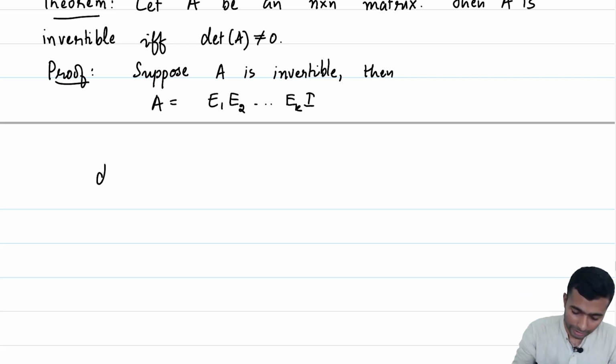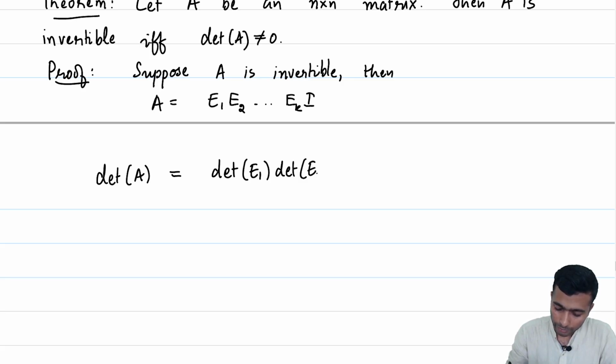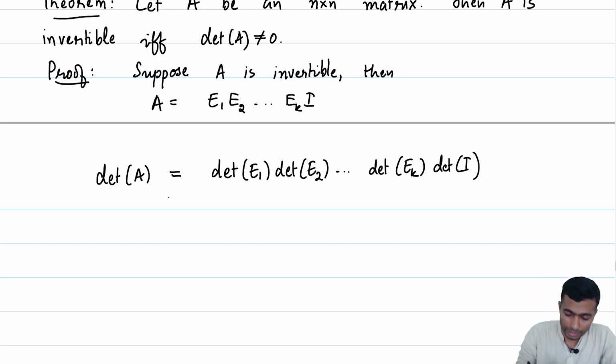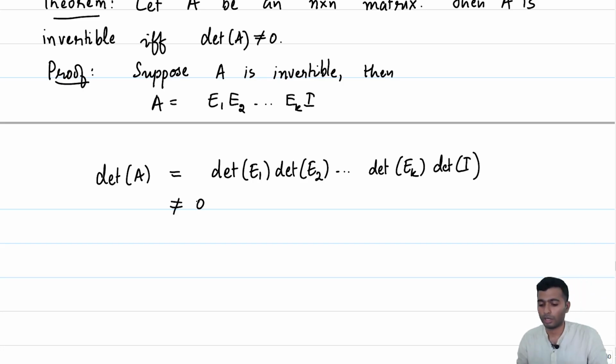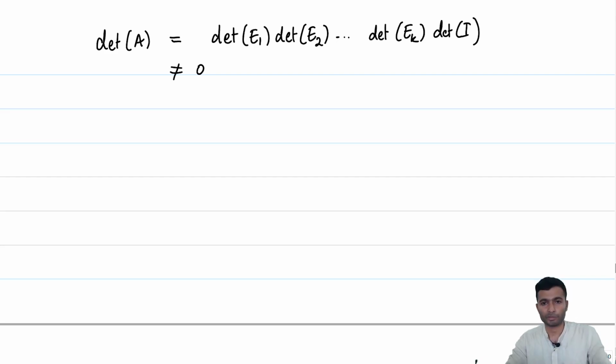But we just noted that determinant of A then will be equal to, after repeatedly using the lemma which we proved earlier, determinant of E1 times determinant of E2 dot dot dot determinant of Ek times determinant of I, which is equal to 1. Now notice that each of the Ei's are elementary matrices which have non-zero determinants as we had just noted, and hence this is not equal to 0. Product of non-zero real numbers will not be 0. So yes, invertibility immediately tells us that the determinant cannot be 0.